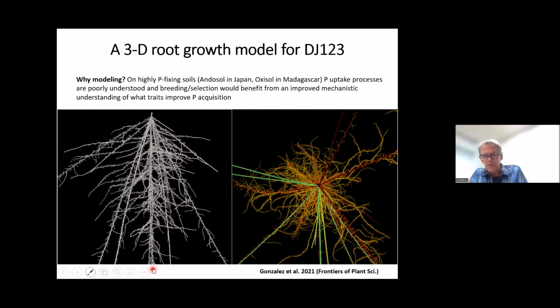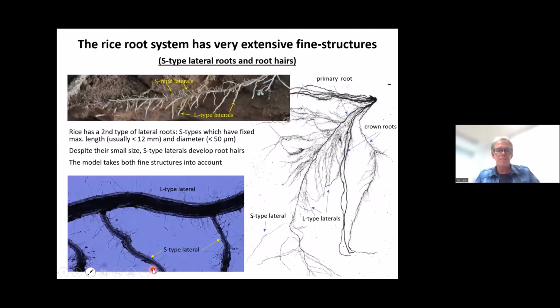So I had a PhD student who worked on developing a model for this. Before I go into details, I want to briefly mention some specificities about rice roots. Rice has a much finer root system than most other cereals. Here's the primary root, and off the primary root are the lateral roots.